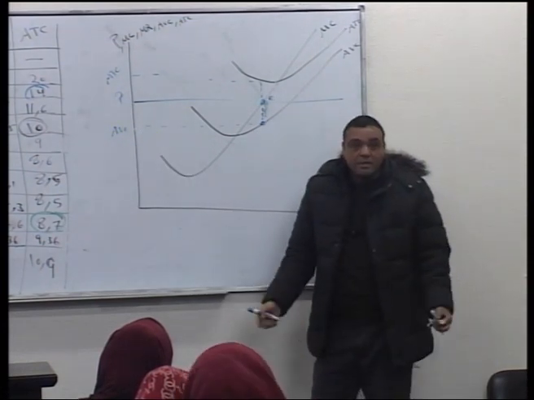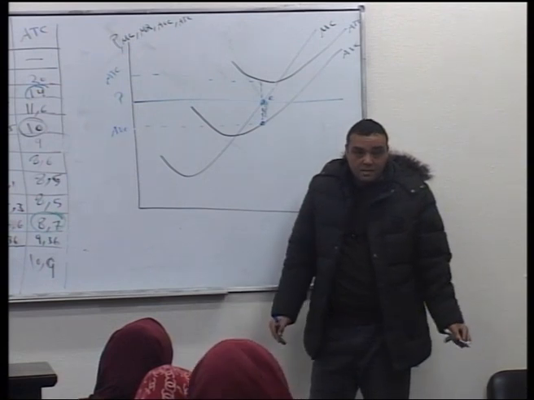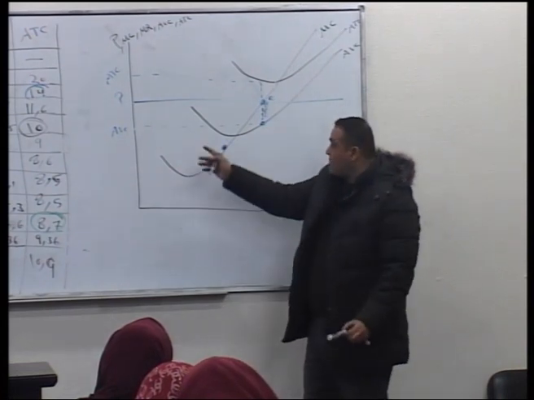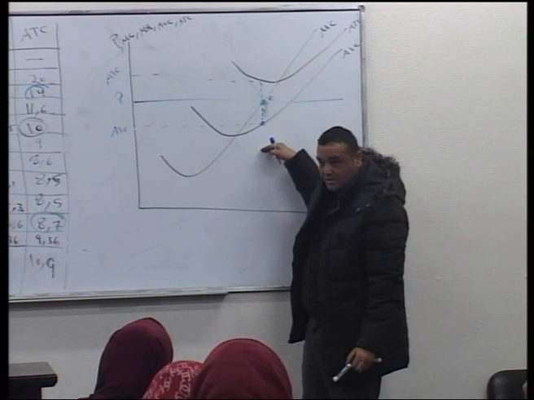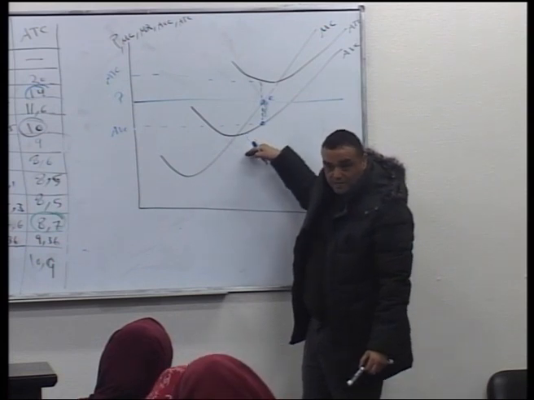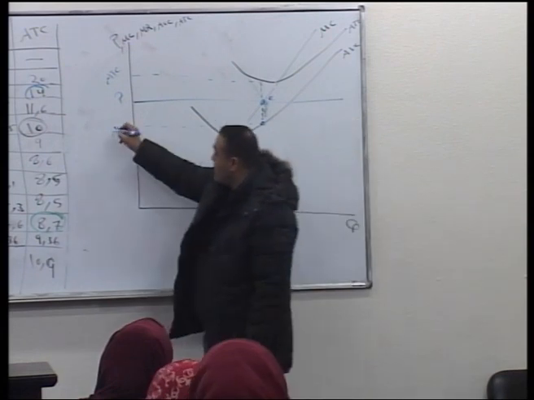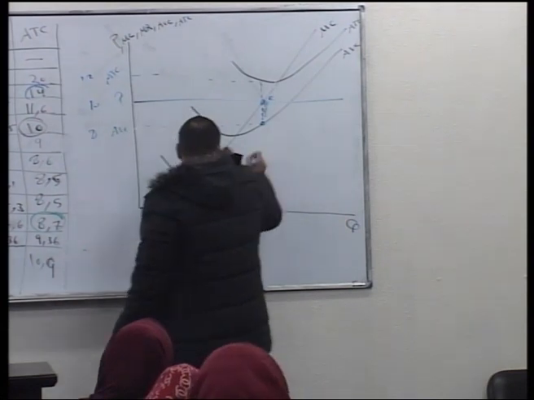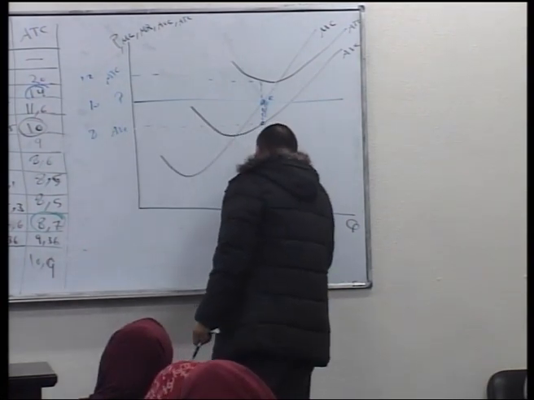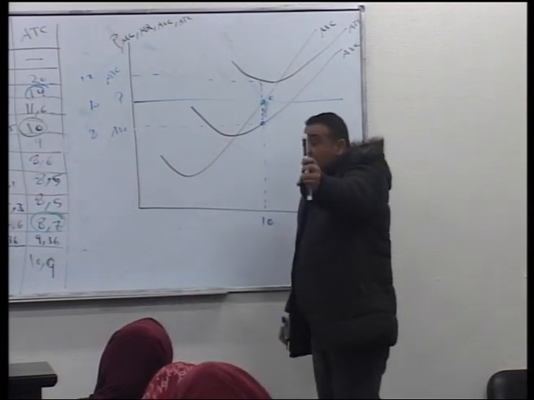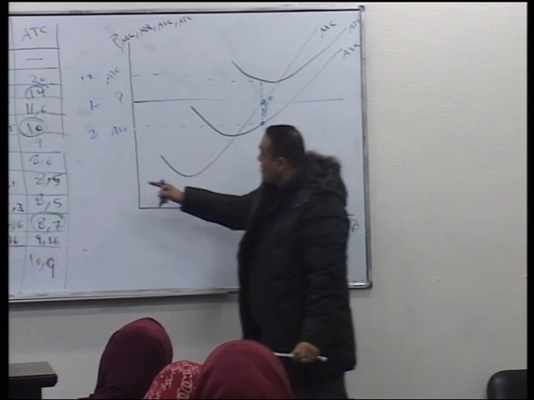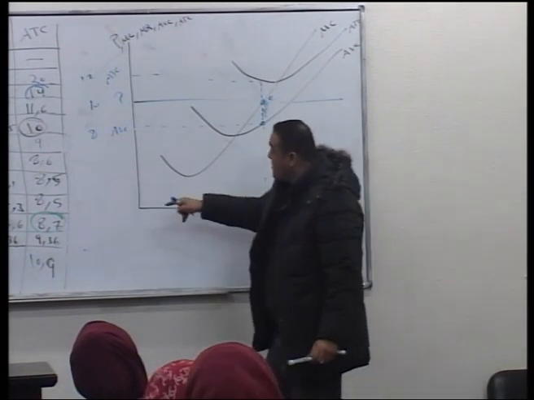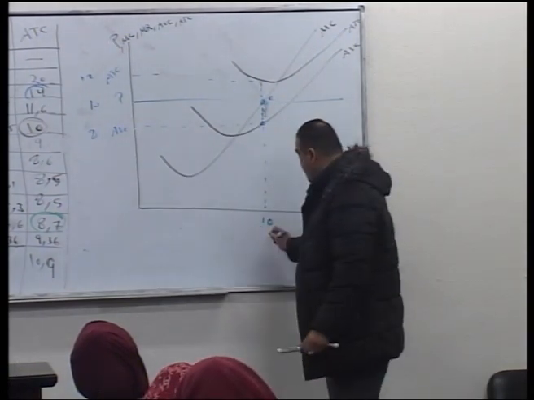Exactly, from the AFC or from the TFC, right? Now how much is TVC? Let's calculate. I have not yet gone to the one below, where the price is tangent to the AVC. Let's say 10, 12, 8, and this is 10. How much is total cost? Total cost equals 12 times 10, 120, right? How much is total revenue? 10 times 10, this is Q, right?